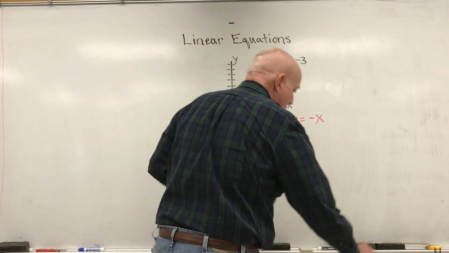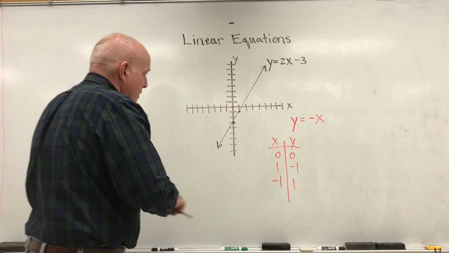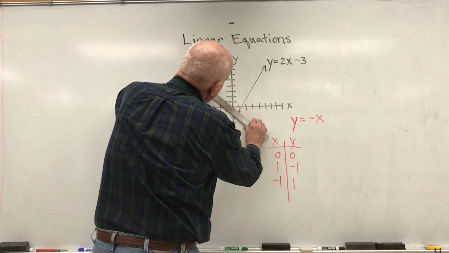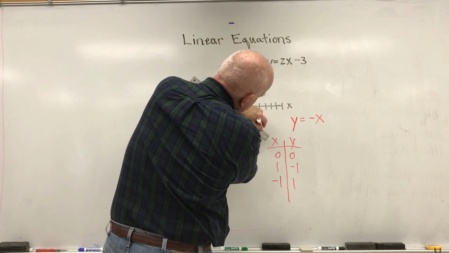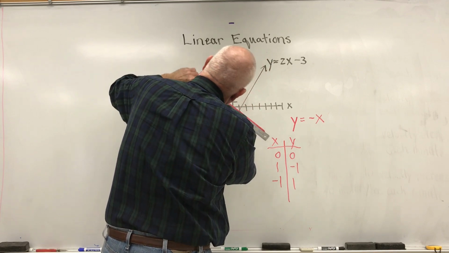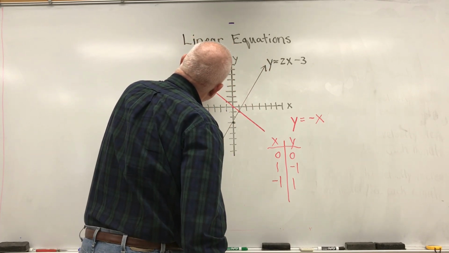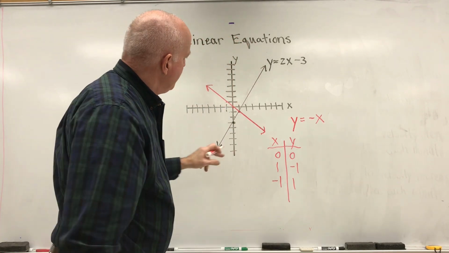Now I can graph this and show what this looks like and find out where they cross. So this is the line for y equals negative x.